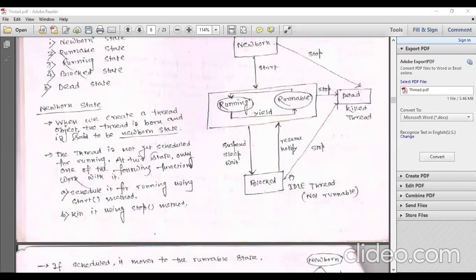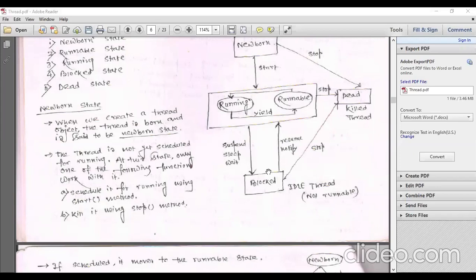It cannot directly move to the running state, because we know runnable state is nothing but a waiting queue where threads wait to get the processor, or rather to get executed. So from block state, a thread can move to the runnable state, not directly to the running state, by using those methods, resume and notify.